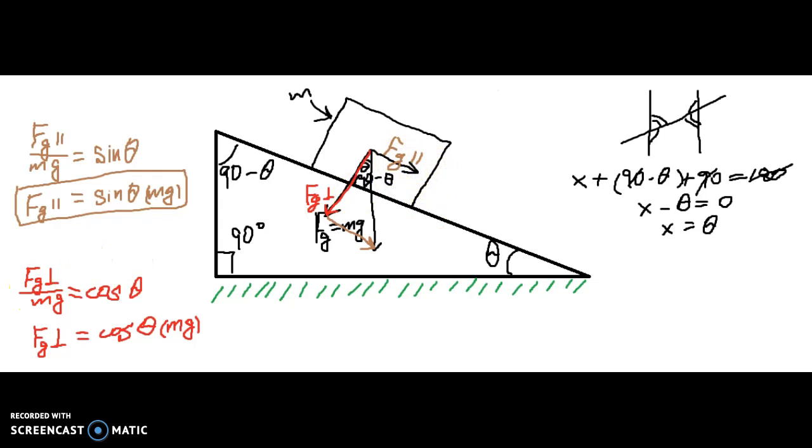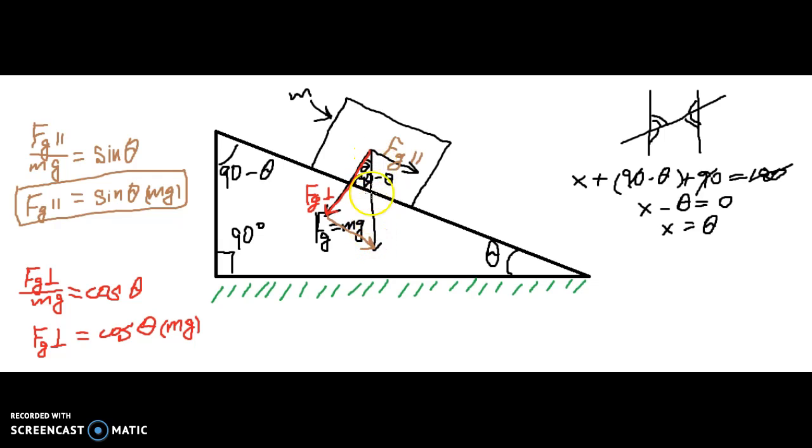So again, the same thing I found for the vector of force of gravity perpendicular to the surface of the inclined plane, through the cosine of that theta angle right here. Cosine would be the adjacent side, which is this one, over the hypotenuse, which is this thing.